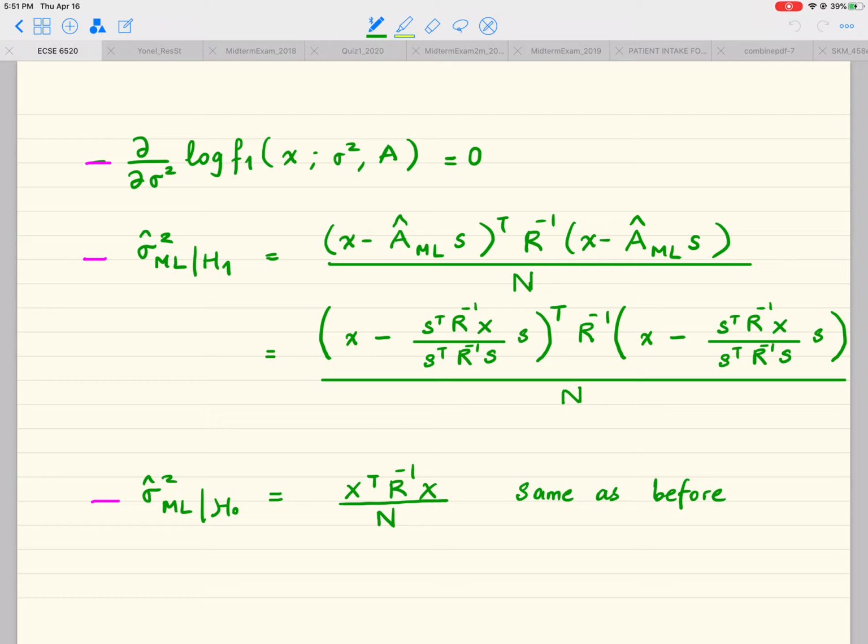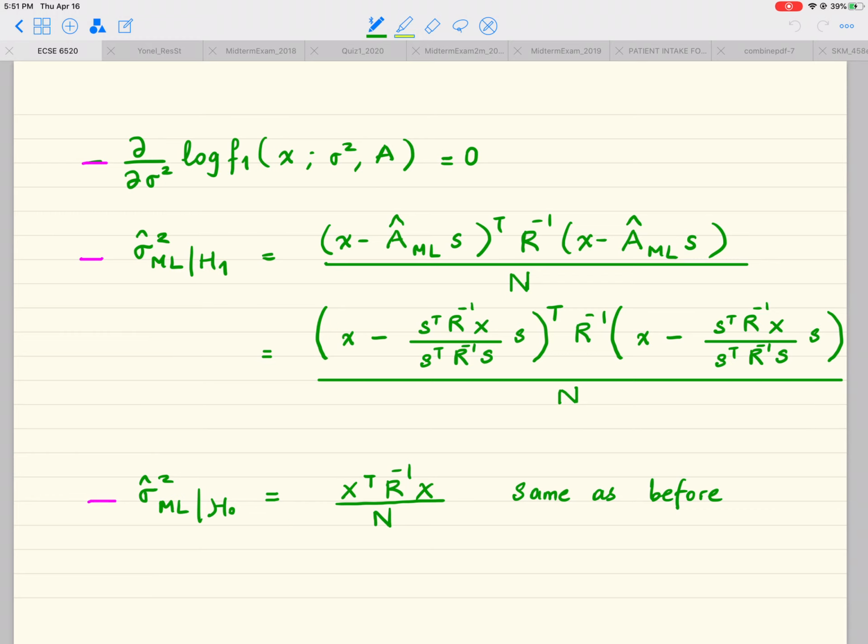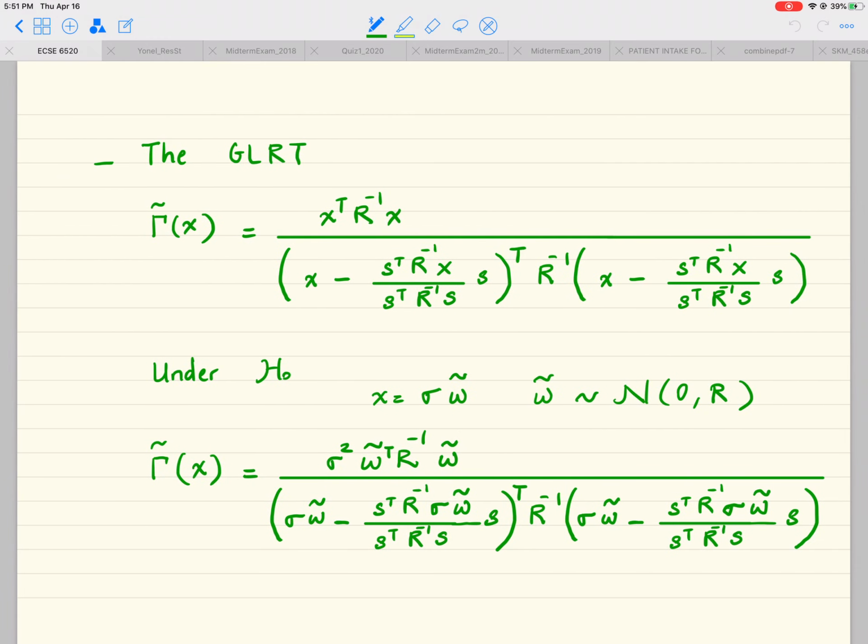Okay, so now we have the ML estimate of A and the ML estimate of the noise variance under the null and alternative hypotheses. We are going to plug these estimates into the generalized likelihood ratio test statistic. So if we do that, we plug this in, and now we would like to understand whether this ratio depends on the unknown sigma under the alternative hypothesis.